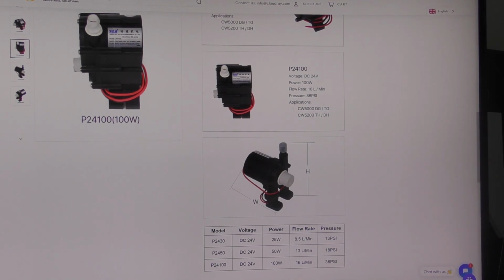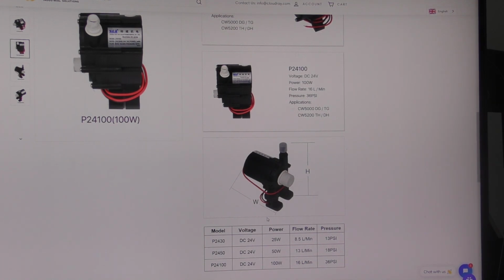The problem with all tubes is the limiting factor is the size of the orifice that goes into and out of the tube where the water pipes connect. 16 litres a minute capability out of the pump, but let's just assume that we can only deliver 5 litres a minute with that 36 psi.